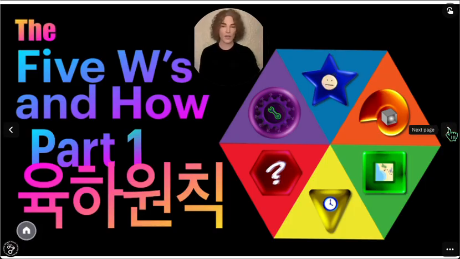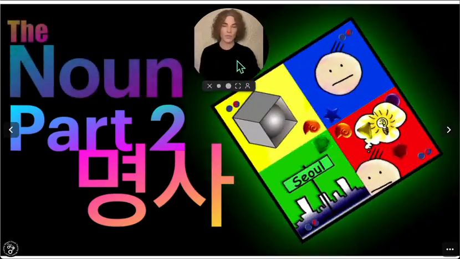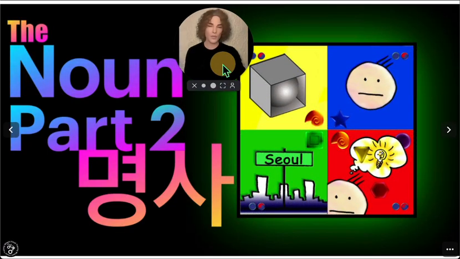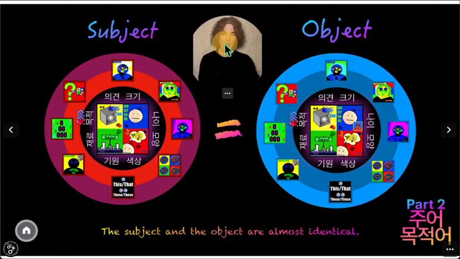The next icon is the noun. So a noun is a person, a place, a thing, or an idea. The next icon is a larger, comprehensive icon that you'll see in the system in part 2. This is part 2.